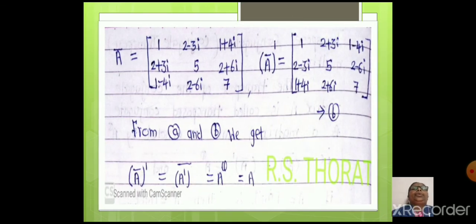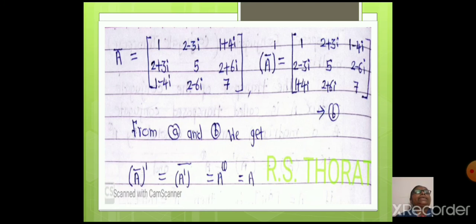Now, we take first the conjugate of square matrix A, and then we take the transpose of this conjugate, that is, A conjugate transpose equal to 1, 2 plus 3i, 1 minus 4i; 2 minus 3i, 5, 2 minus 6i; 1 plus 4i, 2 plus 6i, 7.